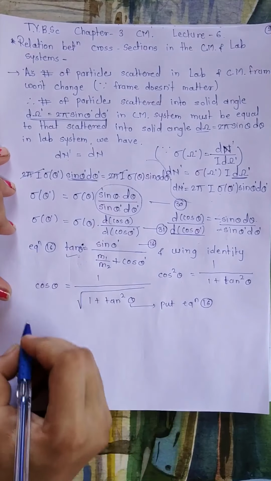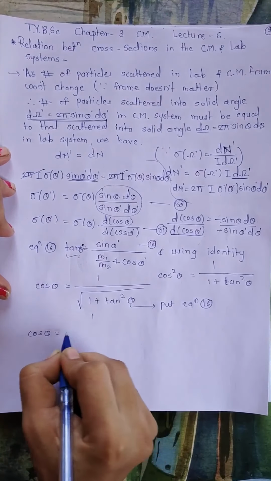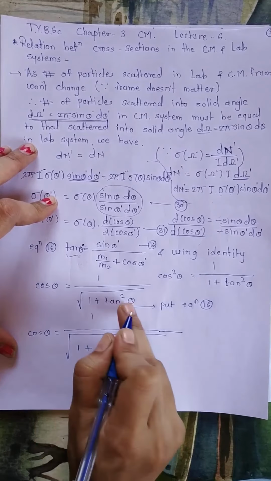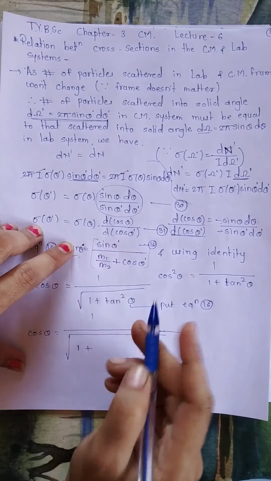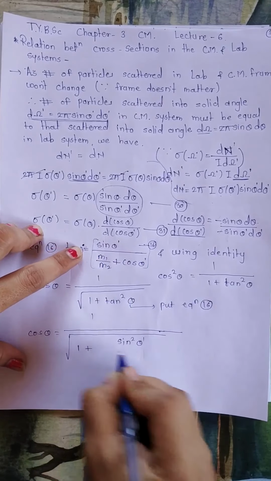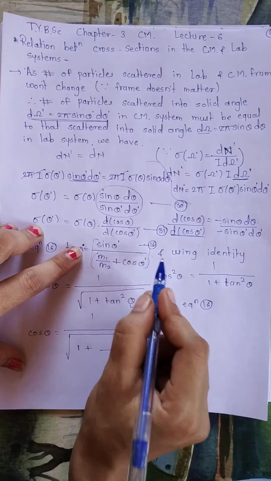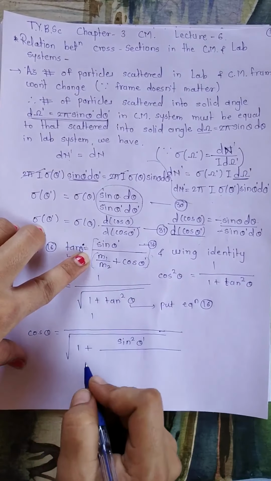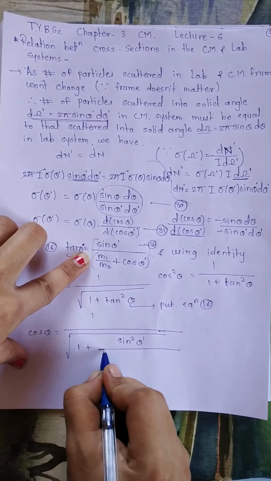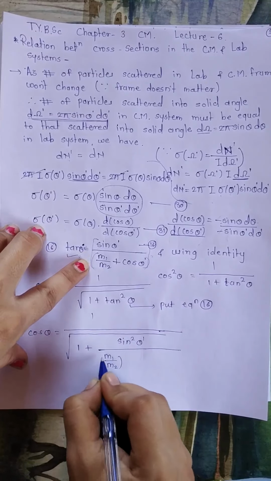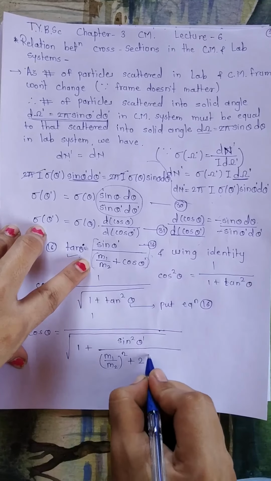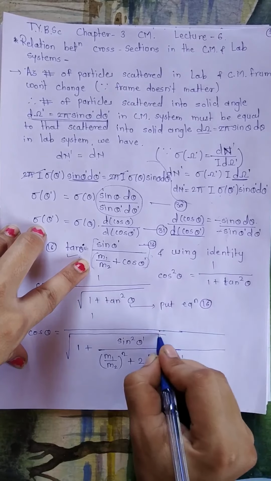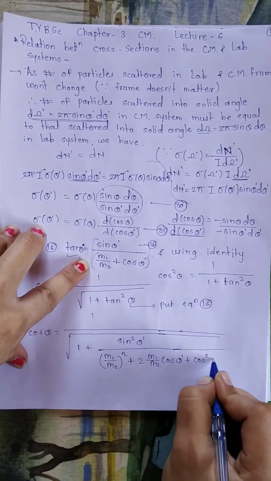By squaring tan square theta we will get cos theta equals 1 upon root of this one as it is, plus instead of tan square I will put the square of equation 16, that is sin square theta dash upon, now this square will be calculated by using the (a plus b) square formula, that is a square plus 2ab plus b square, which will be (m1 upon m2) square plus 2 into m1 upon m2 cos theta dash plus cos square theta dash.